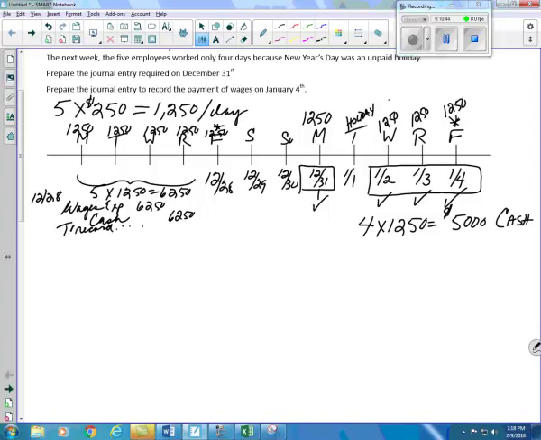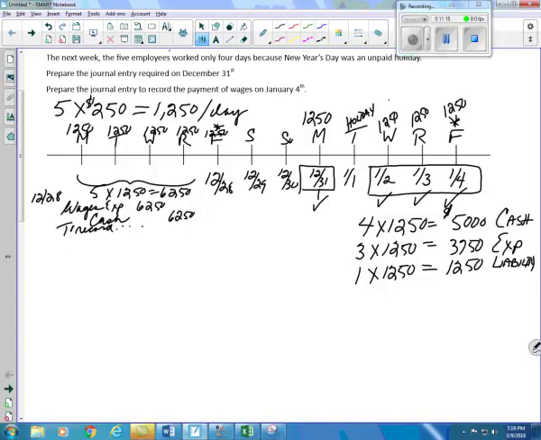So of that $5,000, we're going to pay them for all 4, but only 3 of those days are an expense of this year. The other day was an expense last year, so we have a liability on the books for it. What liability? Wages payable.